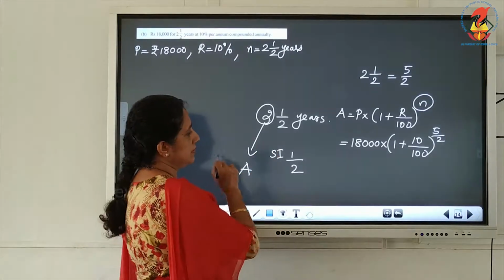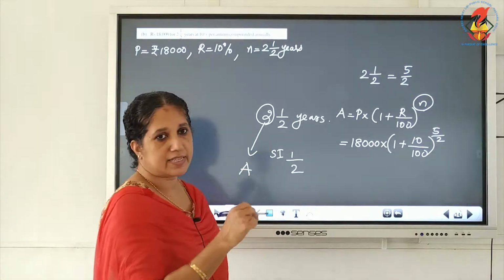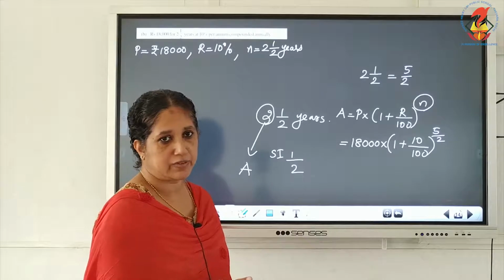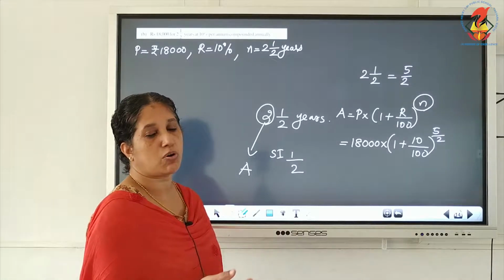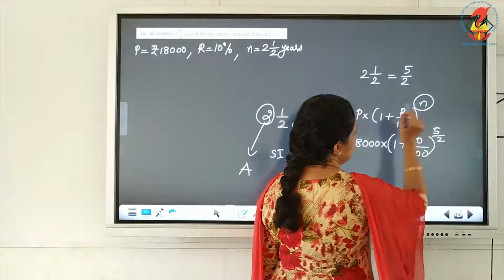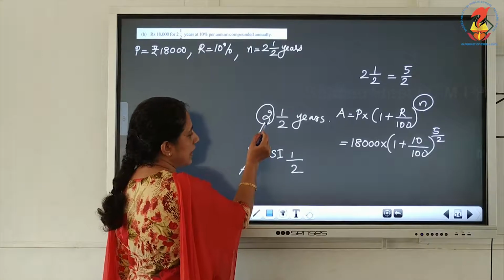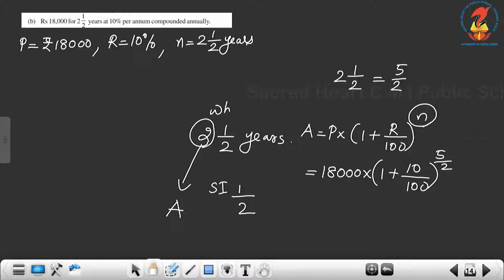So, if the number of years is given in the case of interest compounded annually, and you are getting it as a fraction, what do you have to do? It is 2 and 1/2 years. So you have to calculate the amount for the whole number part.